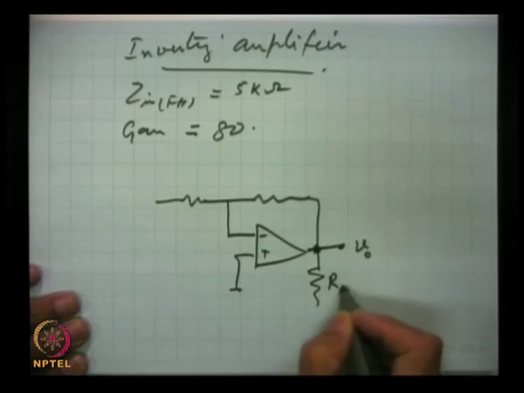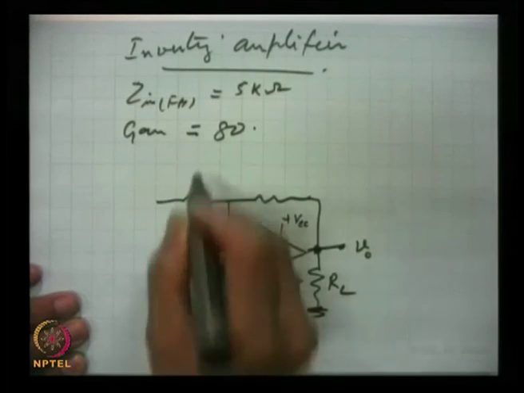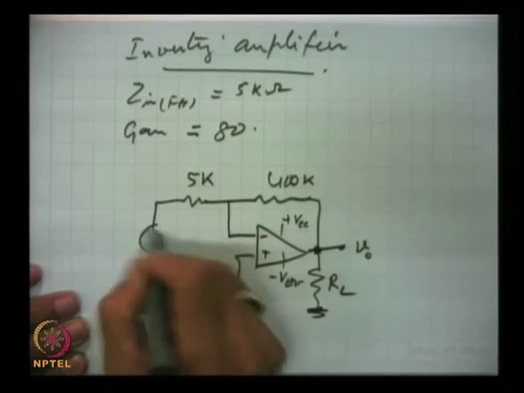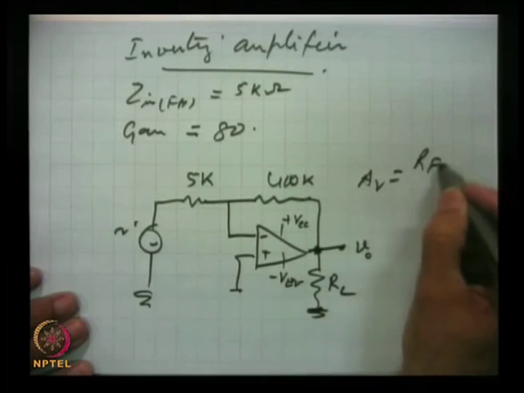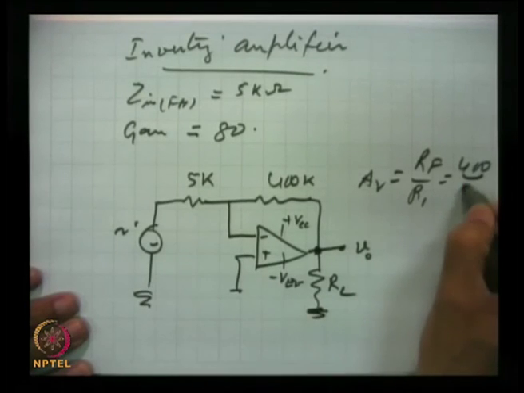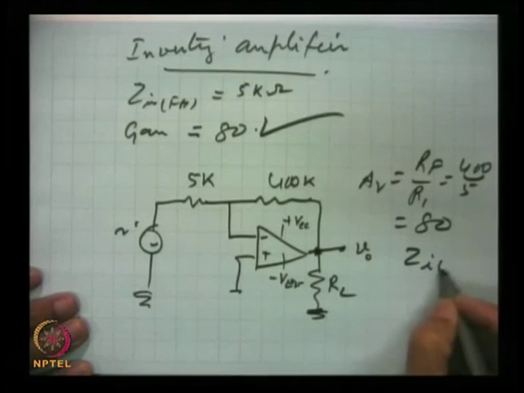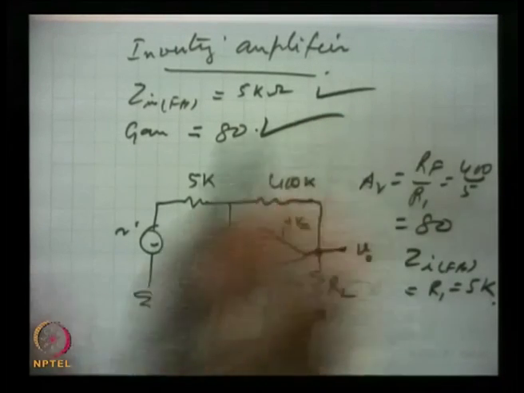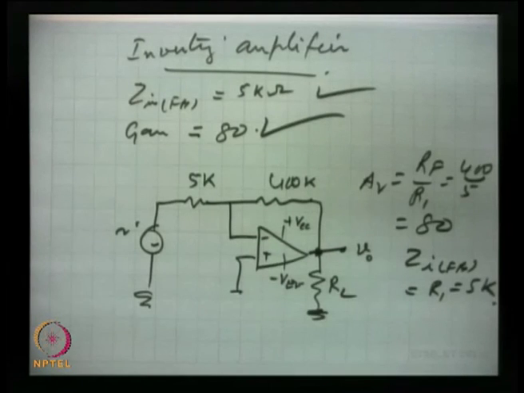This is V out, this is RL, and this is VCC, VEE. This we choose 5K and this we choose as 400K, and we apply the signal here. Then gain is RF by R1, which is 400 by 5, which is 80 as desired, and input impedance ZIFB is equal to R1, which is 5K. So, that is it. This is very simple, and similarly the non-inverting amplifiers are simple.